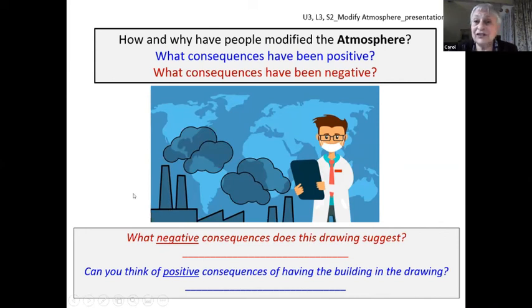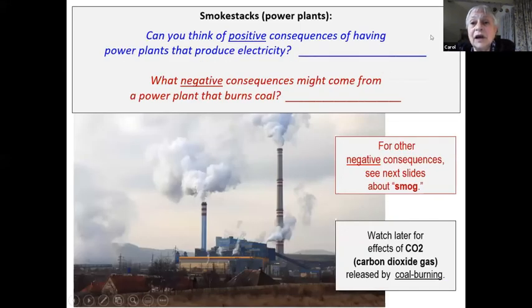Good heavens, we depend on an automobile industry that uses electricity, that employs lots of people, but we are going to think about if we have industries, especially what we call smokestack industries, what can we do about positive and negative consequences?